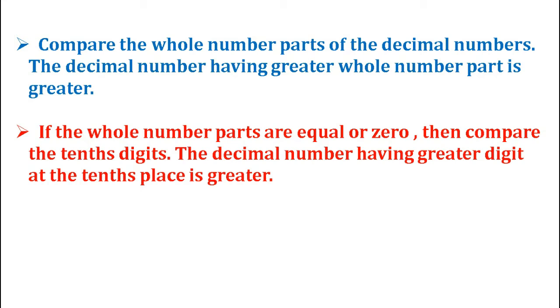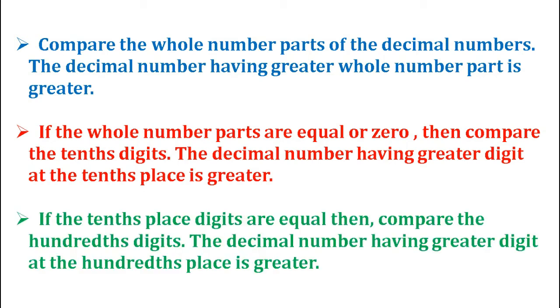What will we do when the digit at the tens place is either equal or 0? Then we follow the third step, where if the tens place digits are equal or 0, then we will simply compare the hundredths digit. The decimal number having greater digit at the hundredths place is obviously greater.